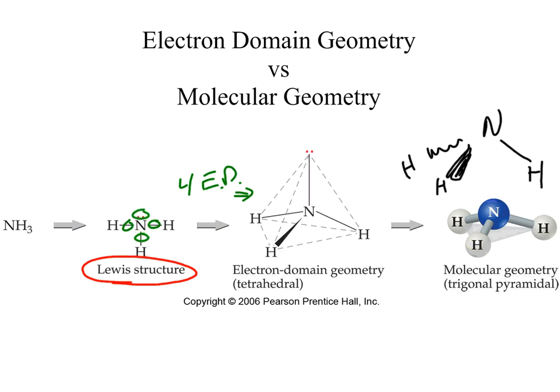To get to that molecular structure, we need to start with the formula for the compound, do a Lewis dot diagram, determine the number of valence electrons, determine the number of electron domains, use the electron domains to come up with a preliminary or electron domain geometry, and then use the electron domain geometry to finally come up with the overall molecular geometry for that substance.